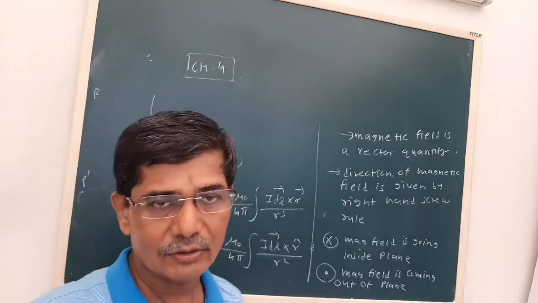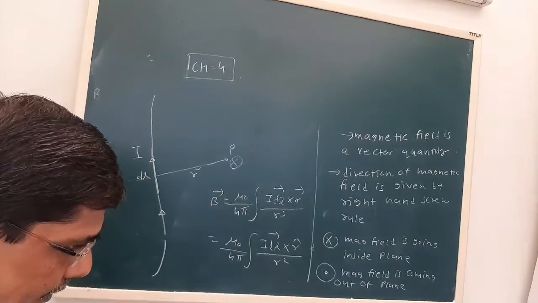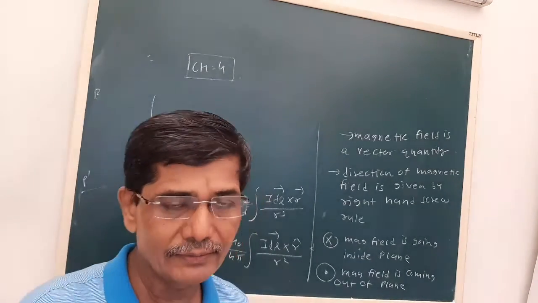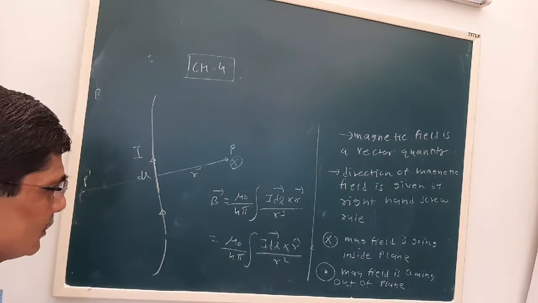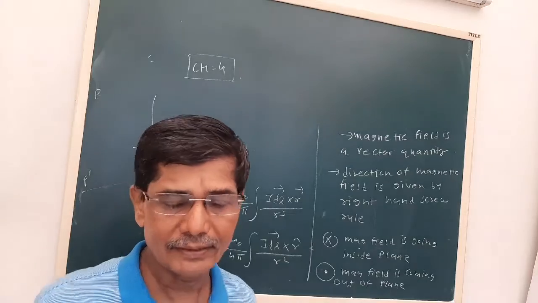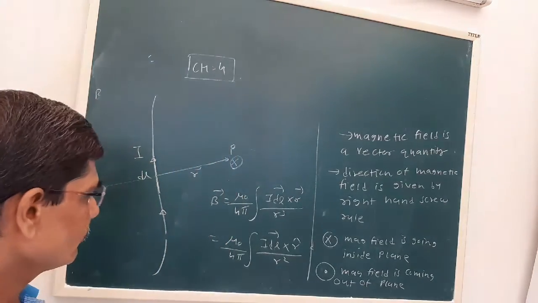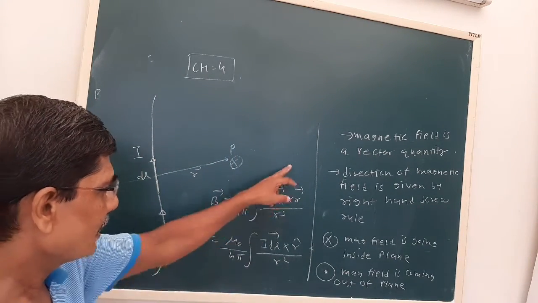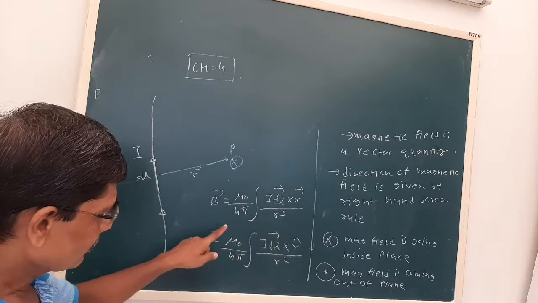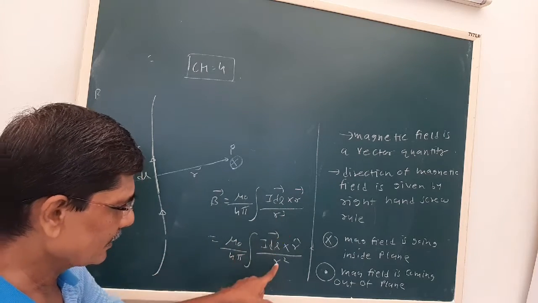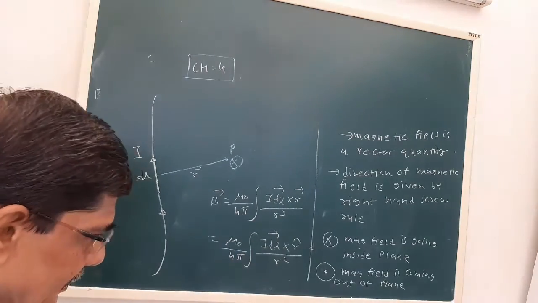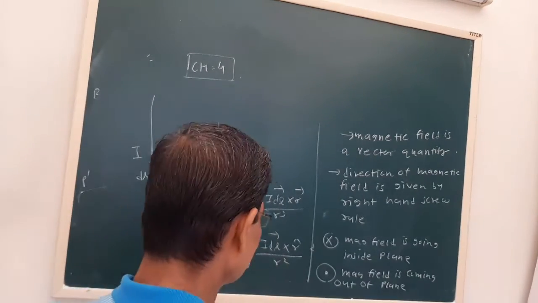So this is about the Biot-Savart law. The magnetic field is a vector quantity, and the direction is given by the right hand screw rule. The magnetic field due to a current element is given as mu 0 upon 4 pi IdL cross R upon R cube, or we can write mu 0 upon 4 pi IdL cross R cap upon R square. We have seen the terminology associated with this.